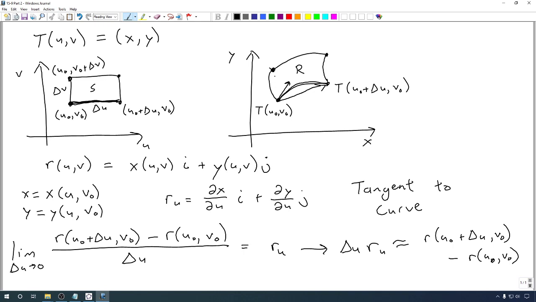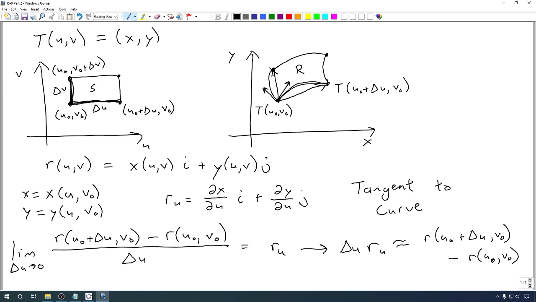Because what we can do is the exact same thing, but instead look at our v direction. So if we have a tangent vector coming off like that, we could say that's r sub v. But then we also have this vector pointing from here over to there. That's the difference between, in this case, r of u naught v naught plus delta v minus r of u naught v naught.